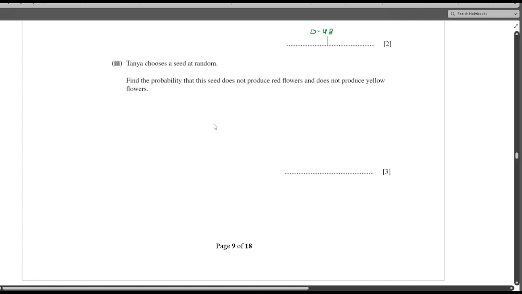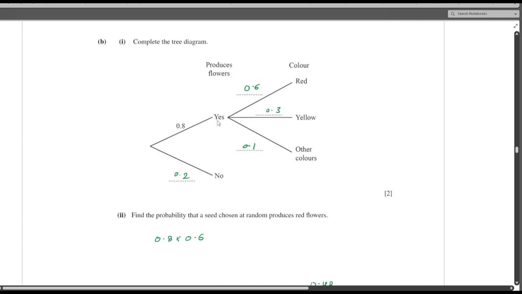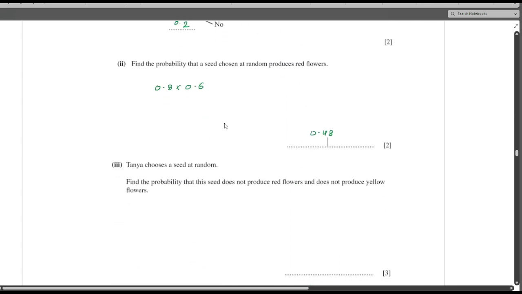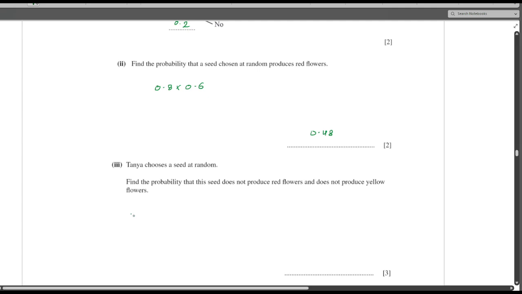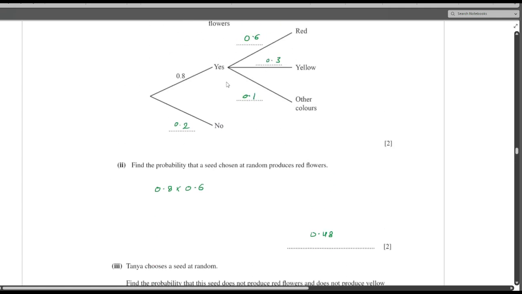Okay, now let us try it. So the question is that Tanya chooses a seed at random. Find the probability that this seed does not produce a red flower and does not produce a yellow flower. So it could be possible that it is not giving any flower, so its possibility is 0.2, or it is giving a flower but a flower of some other color.